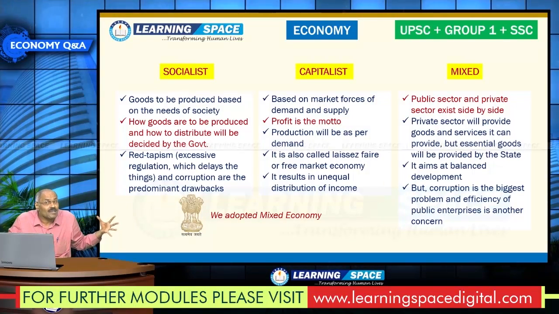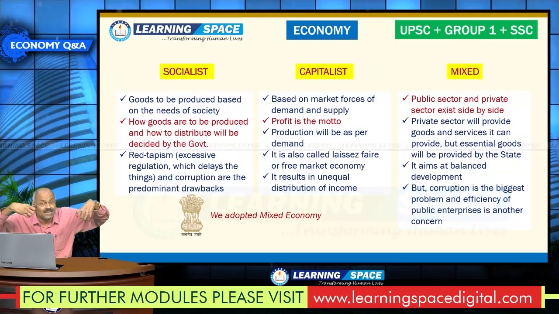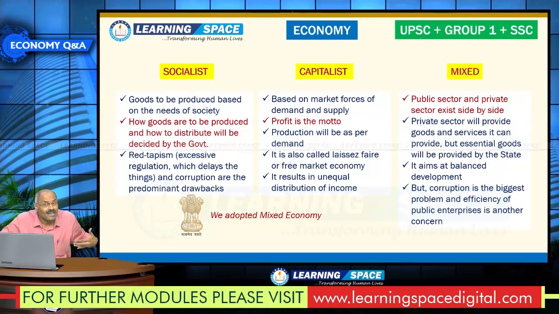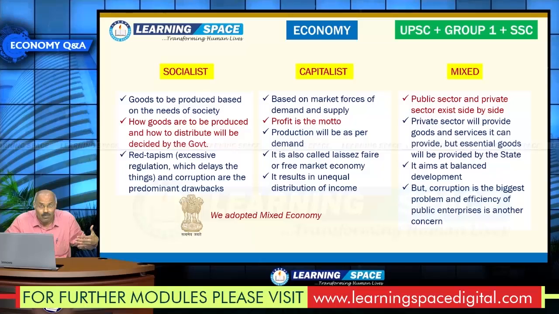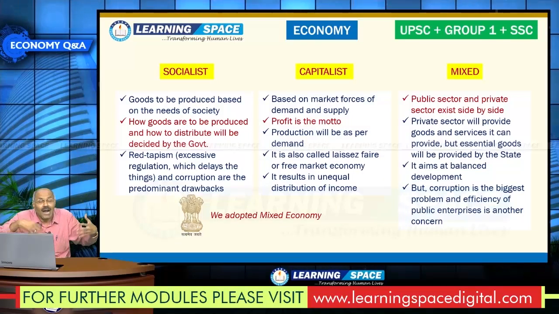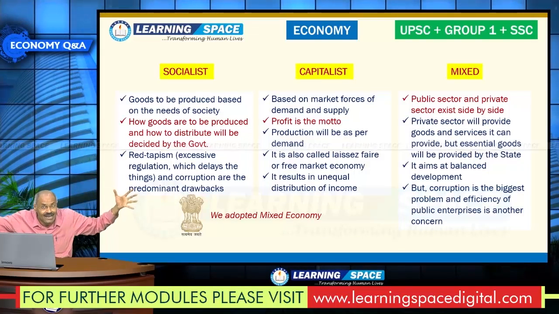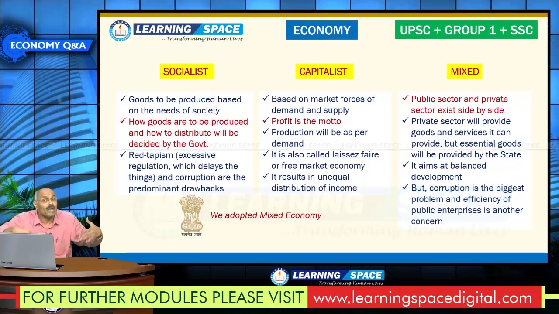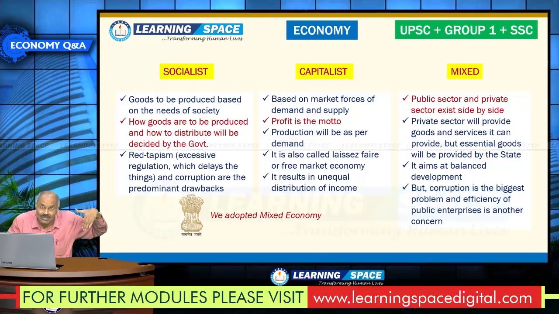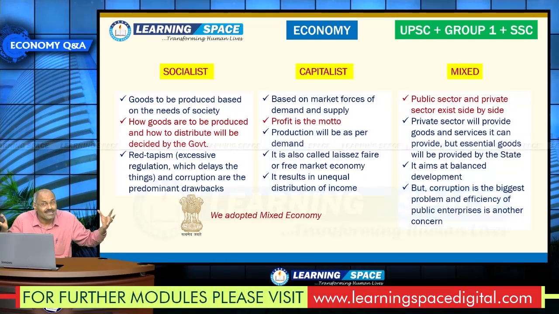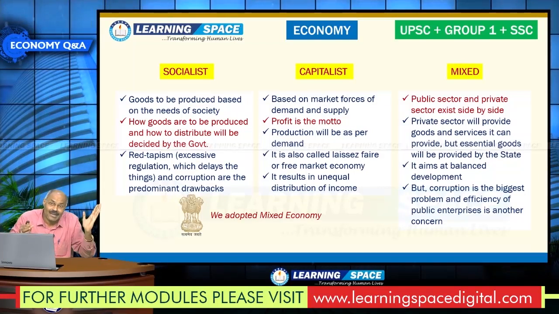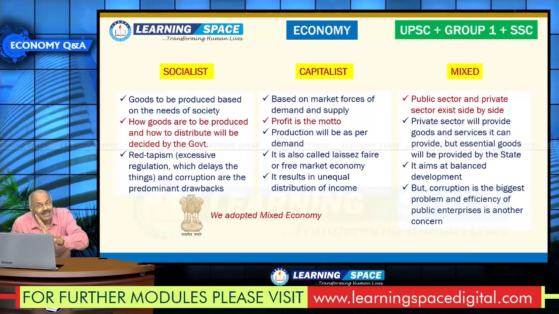When people are still to come out of poverty, even in our country a substantial population is below the poverty line, under these circumstances the number of billionaires is increasing, and this is due to the reason we have taken the path of mixed economy with capitalist bias after 1991. So, there are drawbacks both in socialist bias as well as capitalist bias.